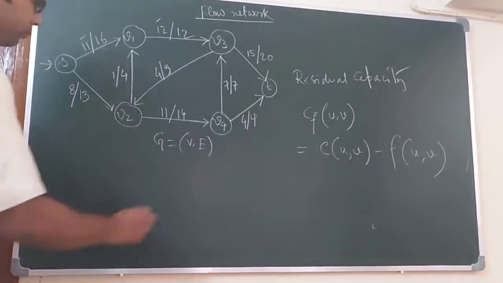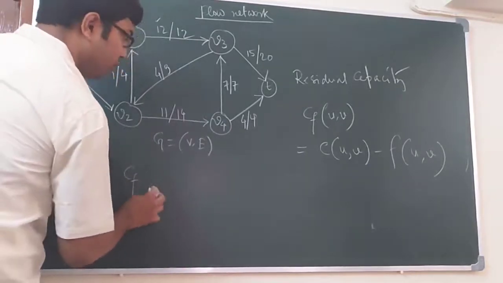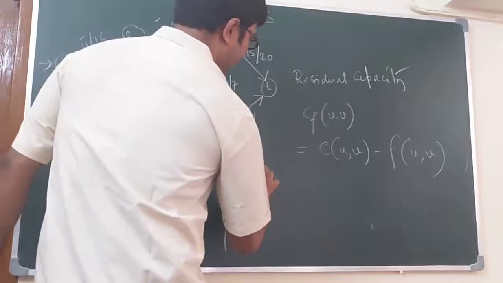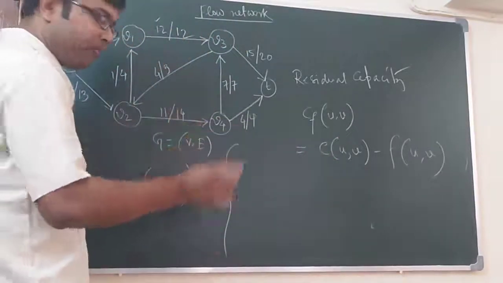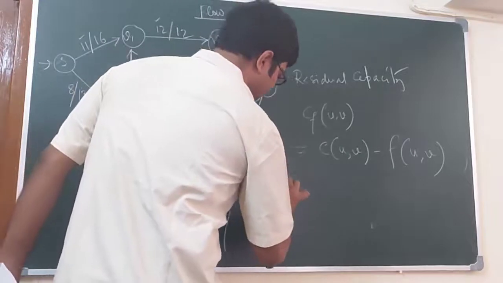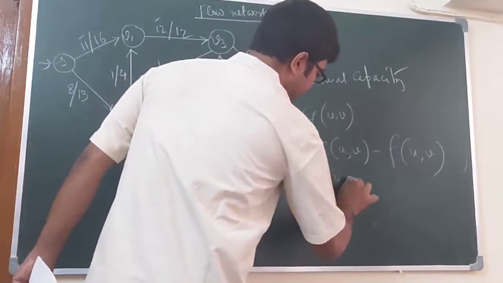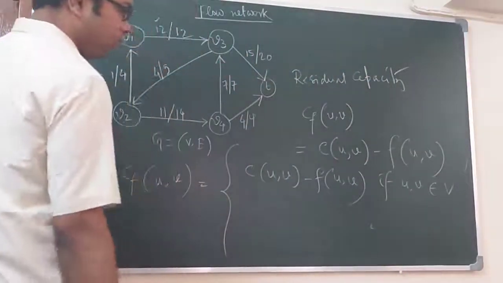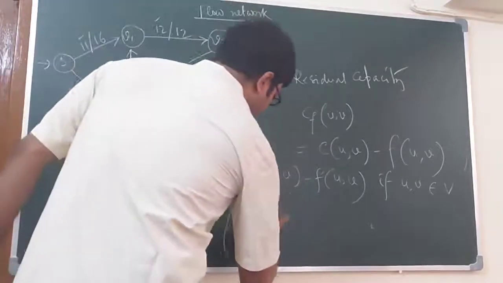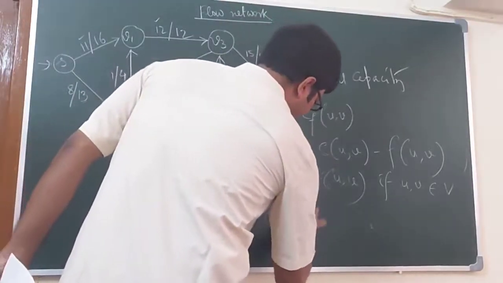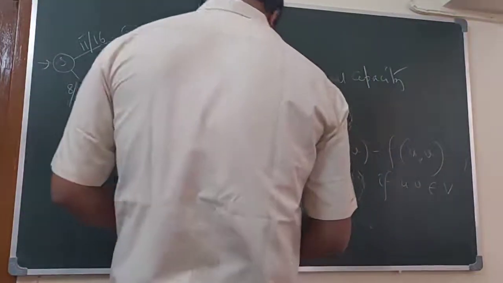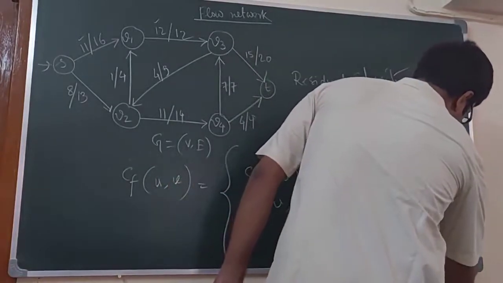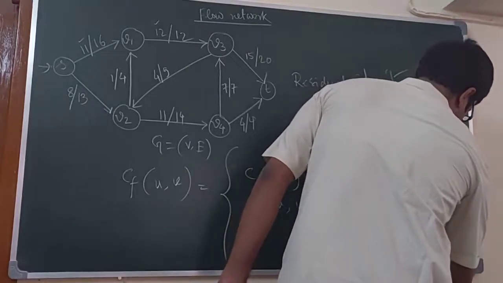So we can write c f of uv is equal to c of uv minus f of uv if uv belongs to the edges of the original graph G, or f of vu if the reverse direction edge exists.